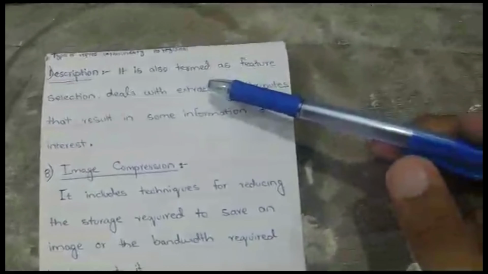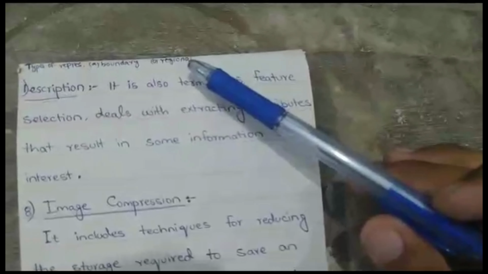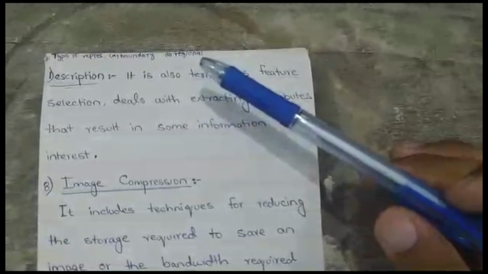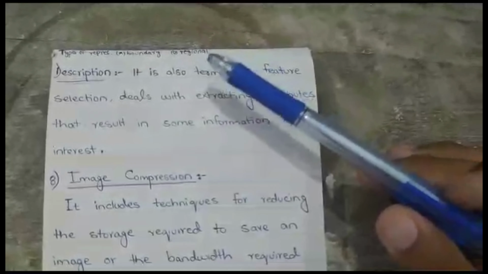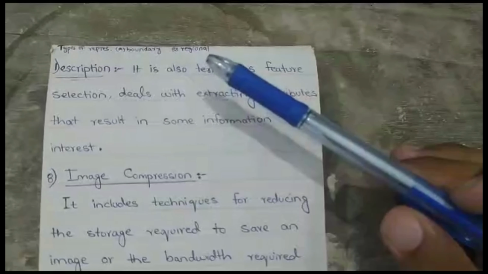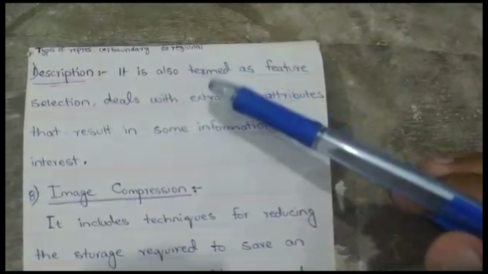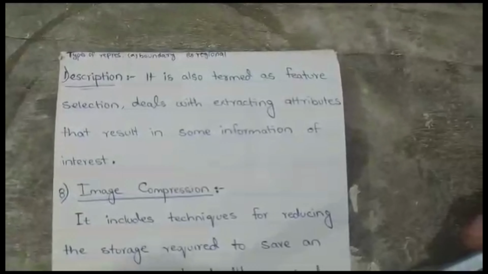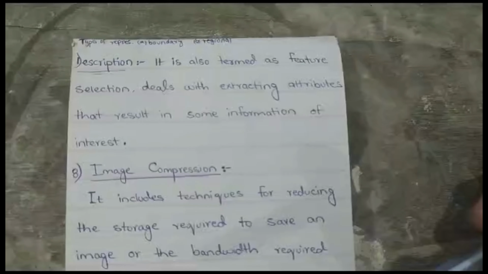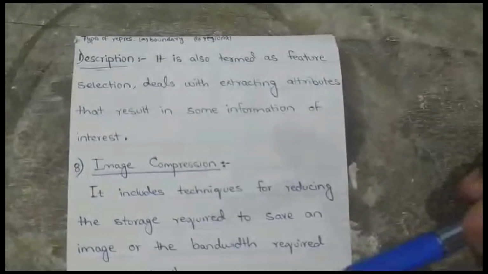And if your application depends on the regions of the image or the skeletal structure of the image, you would go towards regional representation. Then comes the description part. It is also termed feature selection.